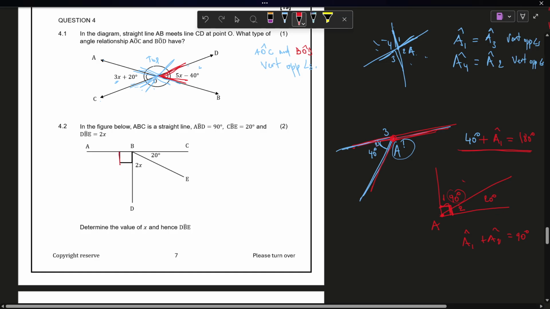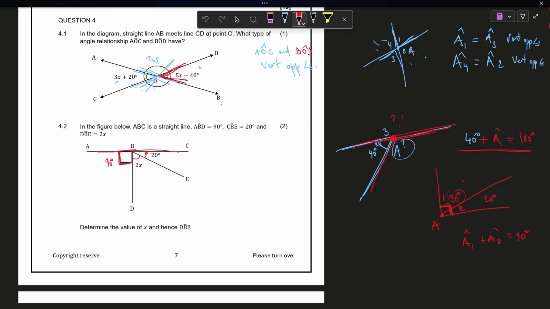Let's go to 4.2. Here, it means we have a right angle, so we simply have 90 degrees. Also, we have a straight line. Remember what I said about a straight line: when you have a straight line, all the angles right here add up to make 180 degrees, to make this straight line.